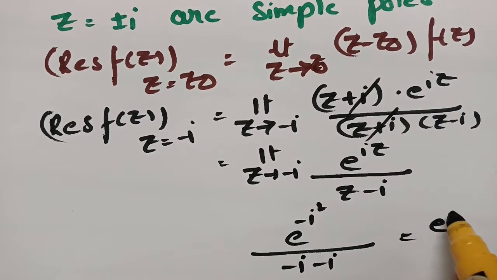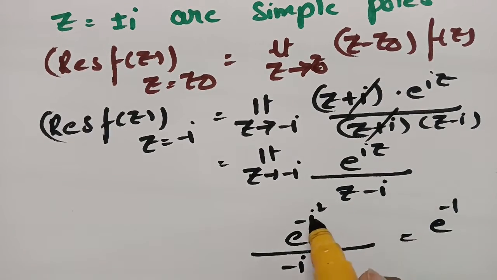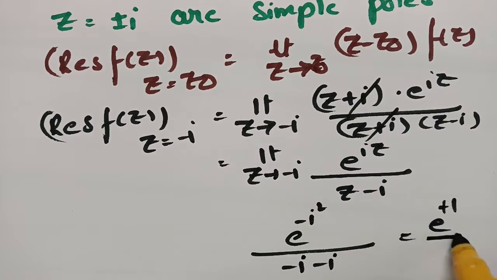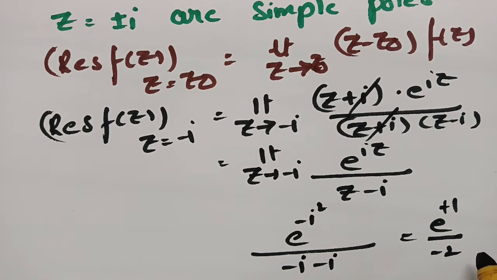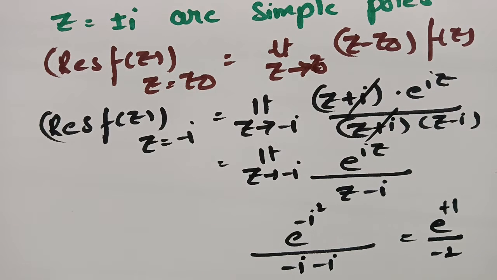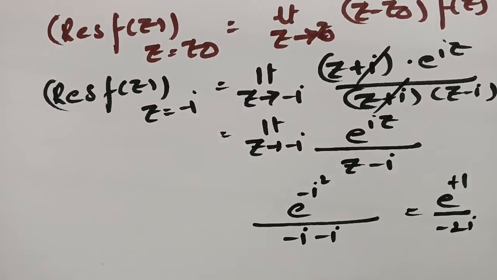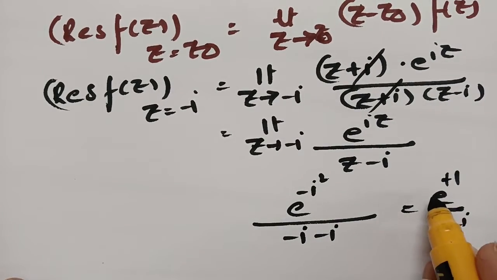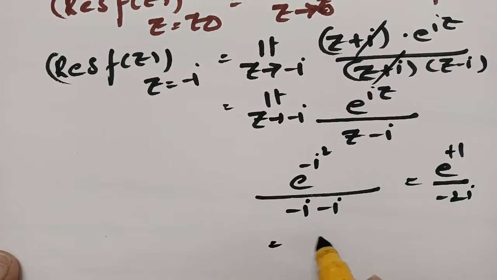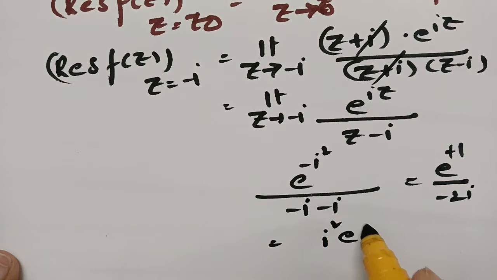So this value is e power minus of minus 1, that is e power plus 1, by minus 2i. Therefore the minus i in the denominator I am bringing to the numerator and writing as i square e by 2i.